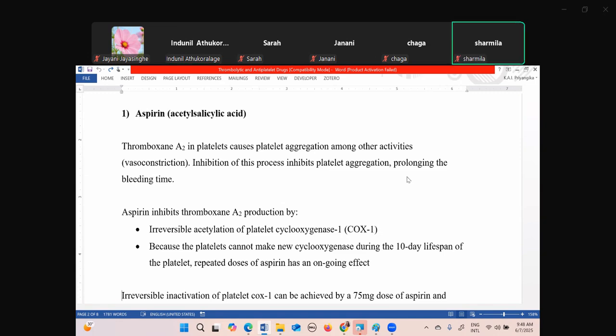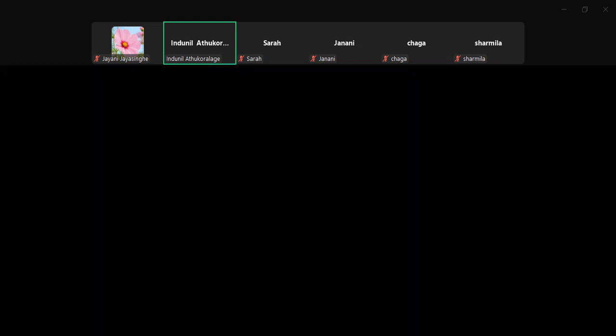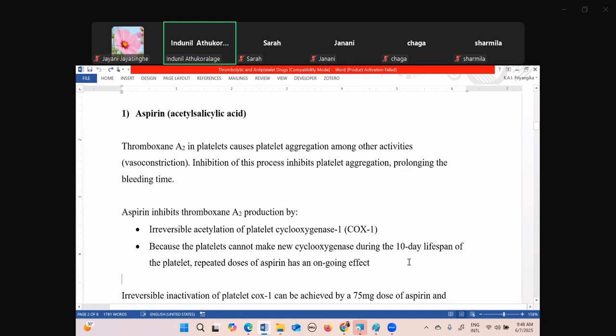Because of irreversible inhibition, new cyclooxygenase will be generated after around 10 days, because the platelet has a 10-day lifespan, right?